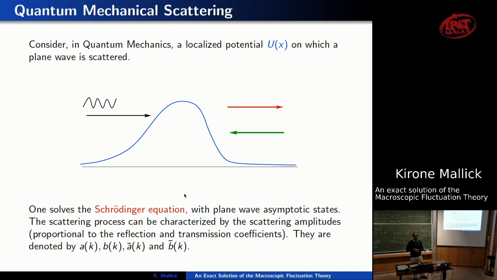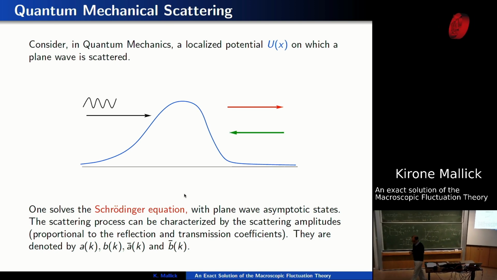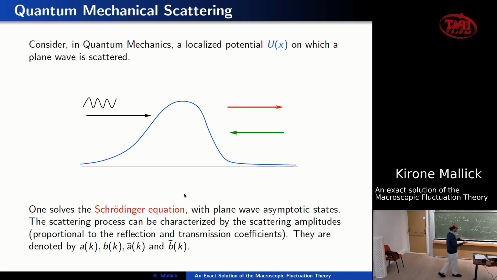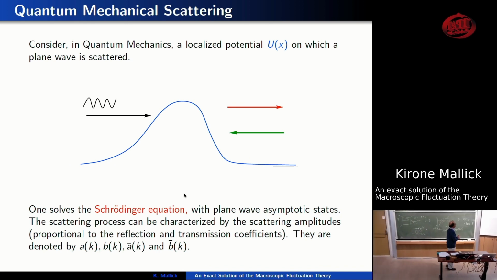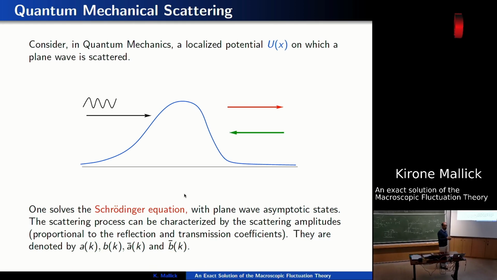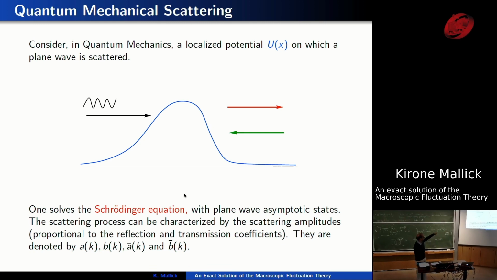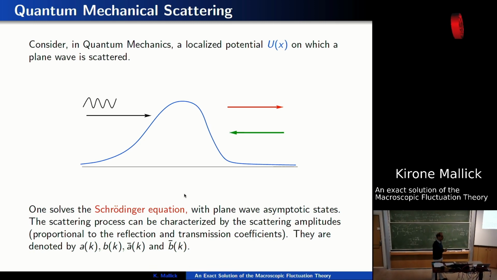So the idea is that if you're able to know how a potential scatters completely all possible plane waves, you have good information about your potential. You should also know the bound states, but this kind of potential has no bound states, for example, so you have only scattered states.